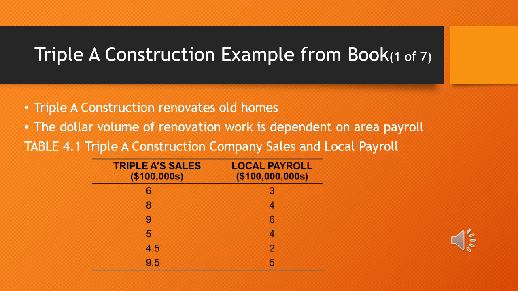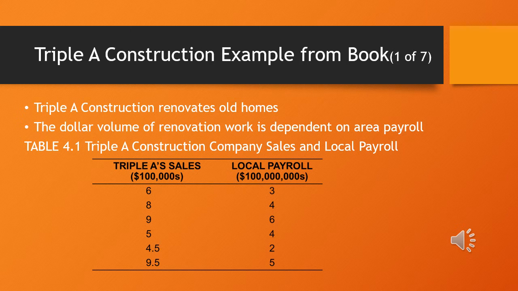As we see on Table 4.1 from the book, AAA sales is our dependent variable, and our local payroll is our independent variable. So we're going to be investigating their scatter diagram over the slides.